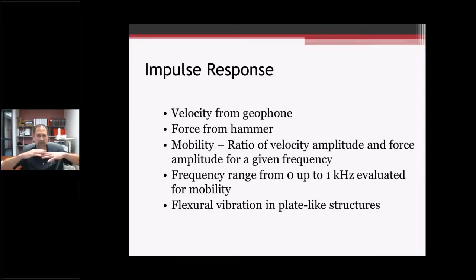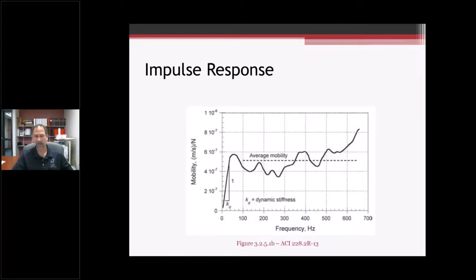And basically, you get flexural vibration in plate-like structures, if you can kind of think of it that way. So here's our mobility value, and here's our frequency range. And again, at each of these frequencies, there's that ratio of velocity and force.